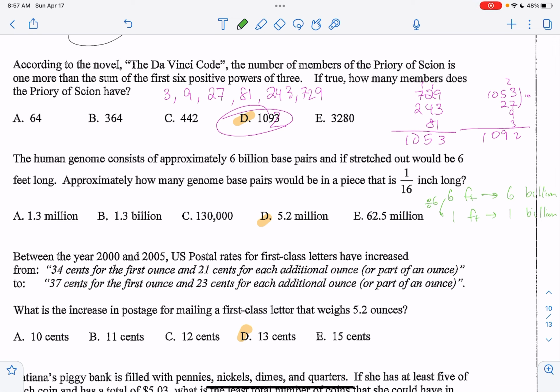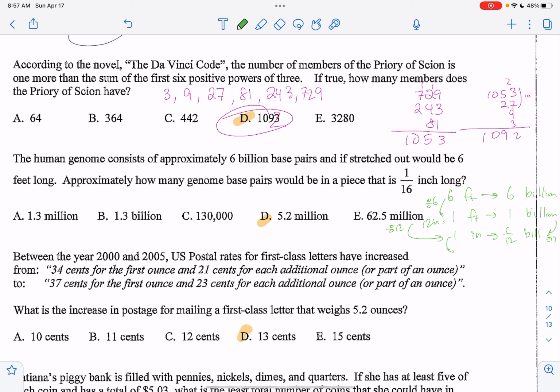Then a foot is equal to 12 inches. So then if you divide by 12, you'll just get 1 inch. Divide by 12 on both sides, that'll be 1/12 of a billion. And then that's an inch.